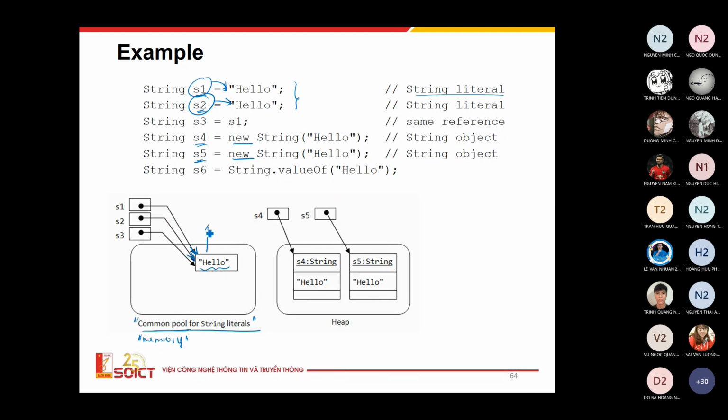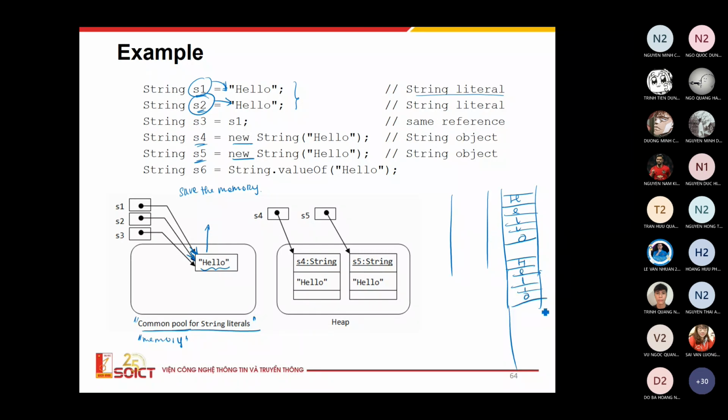It will help you to save memory, because if you allocate the string hello in the stack or in the heap memory, you will have many copies of hello. And here you have hello again. If you use everything like this in the heap, it will waste memory with the same string.